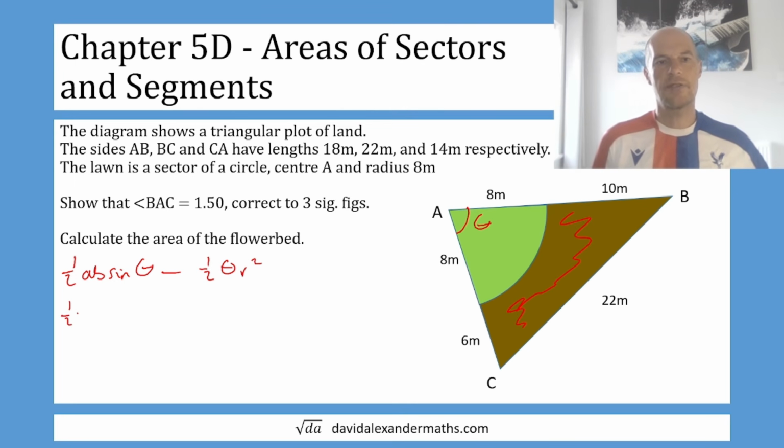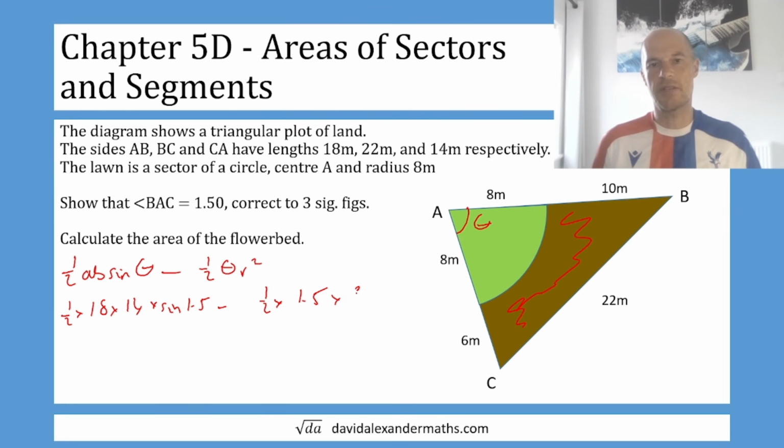So that's 1/2 multiplied by a and b. Remember, a is going to be 8 plus 10, which is 18, and b is 8 plus 6, which is 14, or the other way around, it doesn't matter which is a and which is b, multiplied by the sine of 1.5, take away 1/2 times 1.5 times r squared, so times 8 squared.